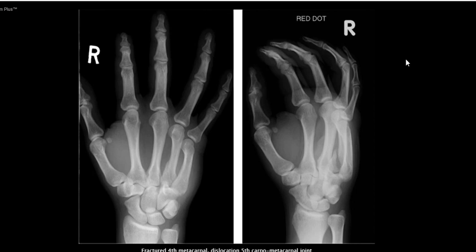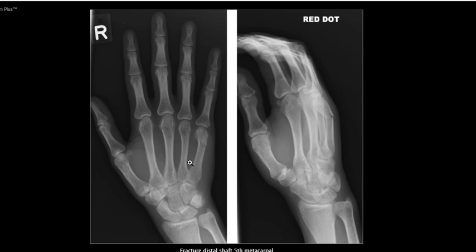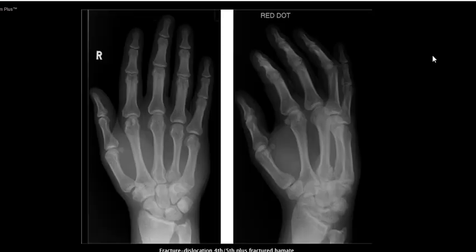Just a comparison of these two films, we can see the joint space is reduced at the carpometacarpal joint in comparison to the normal joint spaces here. But in this scenario of a fracture dislocation of the fourth and fifth metacarpals, there's also a fractured hamate fragment.